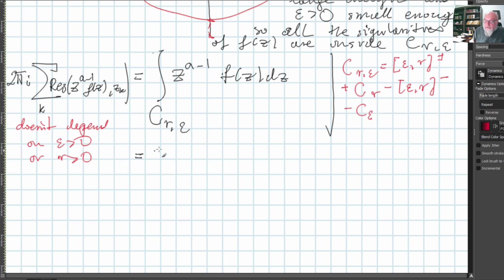So we are getting four integrals. The first one is the integral from epsilon to R, and here z just becomes x. Let me write it down using the definition: e to the power (a minus 1) log of x, times f of x dx.